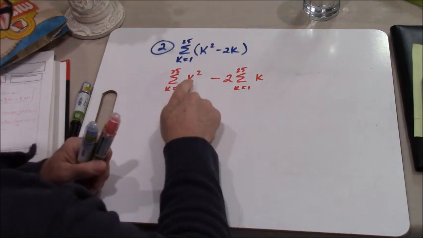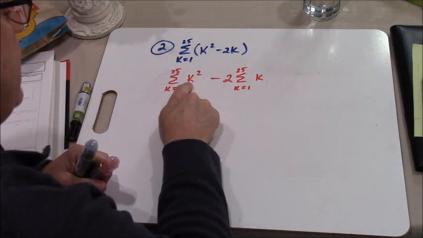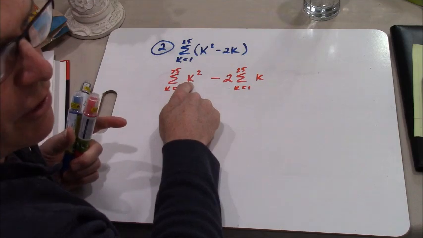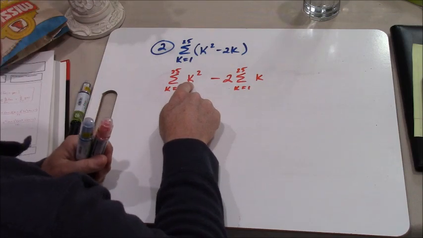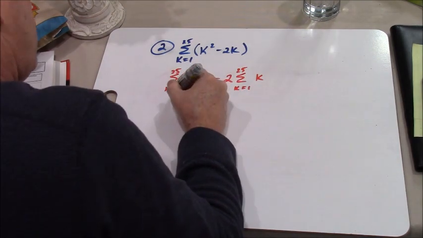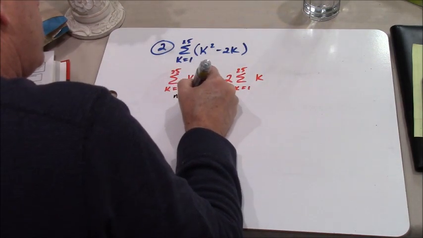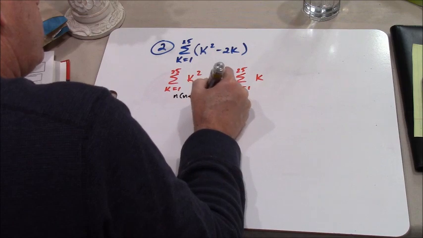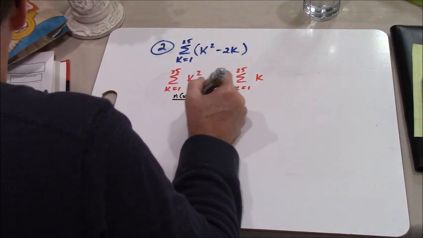And so now I just need to go to the formula where we used I squared. Even though this is k squared, it's the same formula. And so that formula was this right here. I had n times n plus 1 times 2n plus 1 over 6.